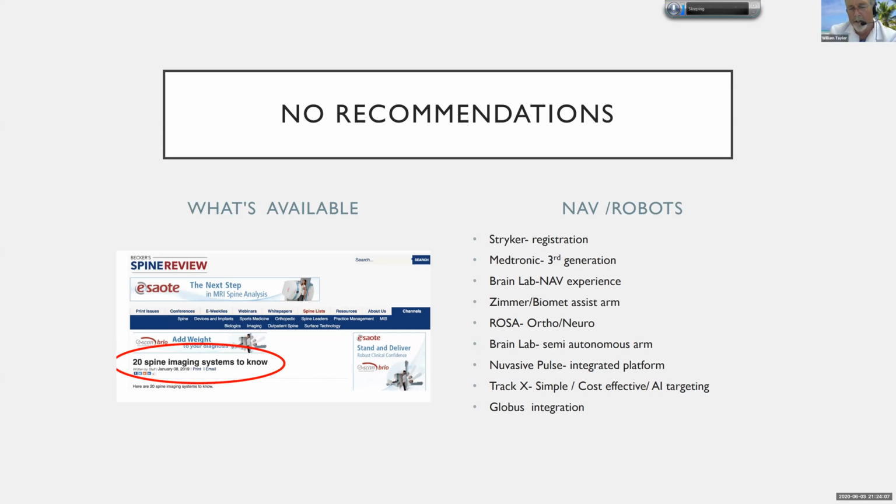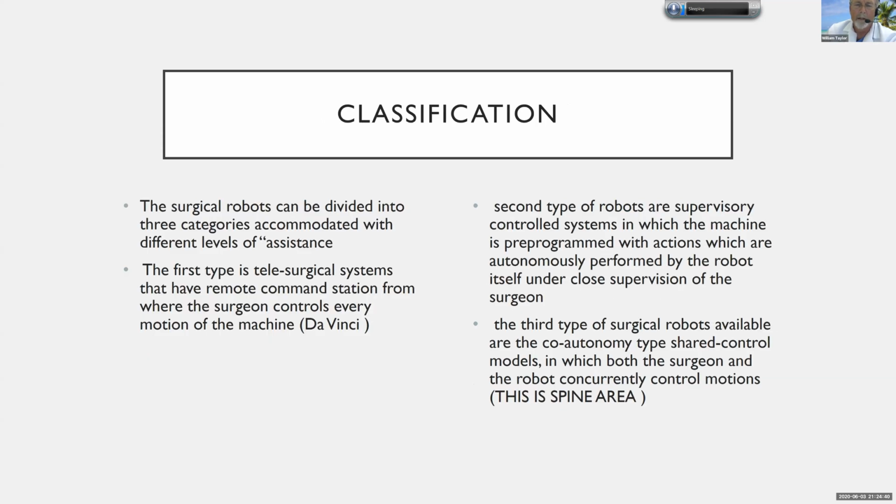I like the TrackX system because, as I talked to Rob, I think it adds augmented reality with the targeting. I find Brain Lab very interesting. They have a semi-autonomous arm that I think functions just like the robot we have now, but is not going to expand. And a lot of the other ones all have something in there.